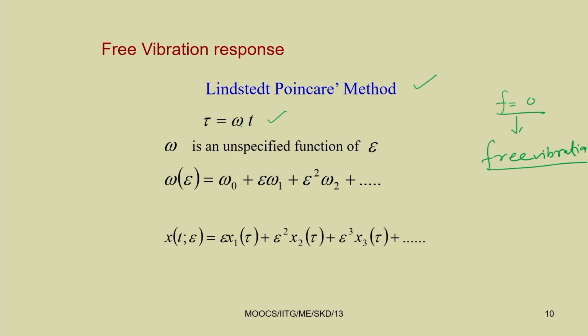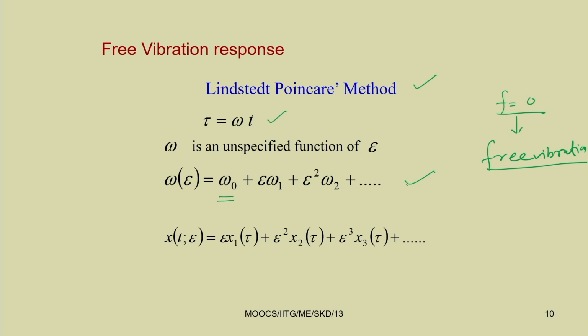Till now, only omega 0 is known to us, omega 0 equal to root over k by m; the other terms are not known. So in the Lindstedt-Poincare method we take omega this way, and then x of t equals epsilon x 1 plus epsilon square x 2 plus epsilon cube x 3, and if you have the forcing term, then you can add the x 0 term also.